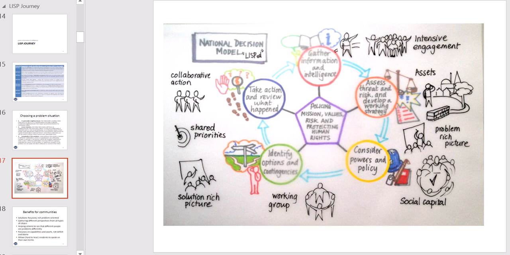We then work with them to create a rich picture of the solution in the context. So not just a bullet point list of options and contingencies, but what those options and contingencies would look like in this particular district, in this neighbourhood. And that allows us to develop a set of shared priorities and collaborative action.